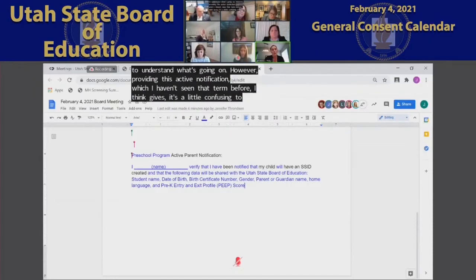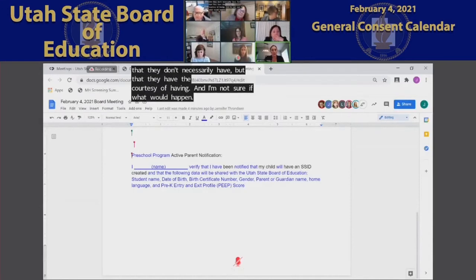So I'm wondering if having parents sign this is a little deceptive, that they have the perception of a right to opt out when the legislature has made it clear that this is not something to opt out of. Although it's a courtesy, having it formalized and wordsmithed within this document might be going beyond what the legislature would have you do.